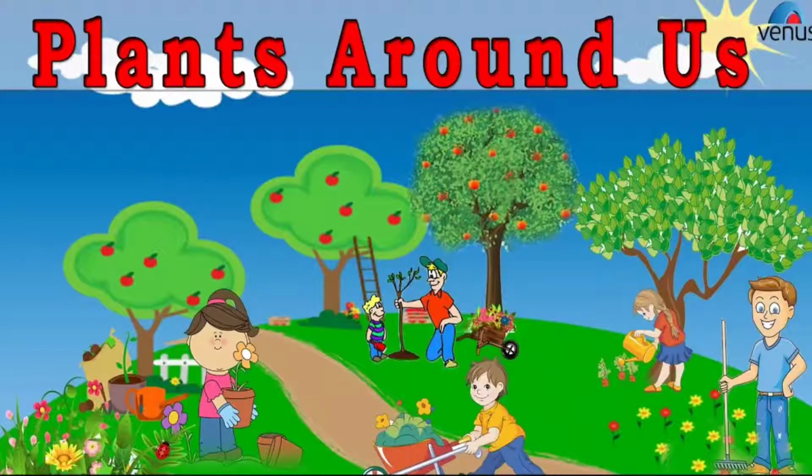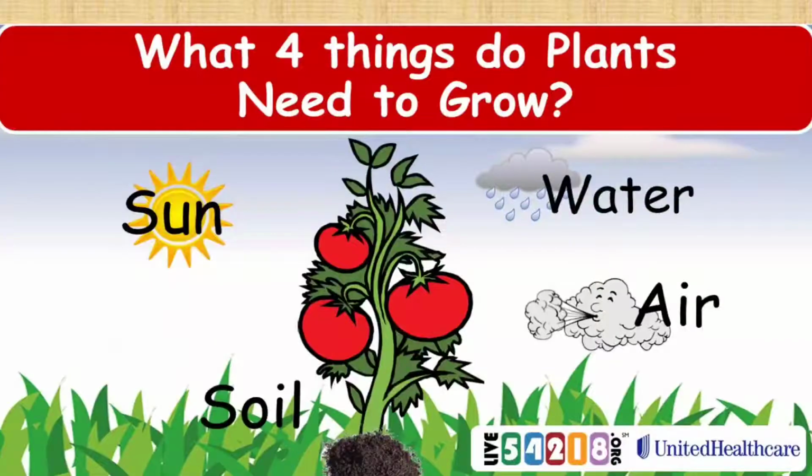Before beginning the next topic, let us quickly revise what we have learnt in the last video. Boys, pay attention and listen carefully. We learned that plants are living things and they cannot move from one place to another.